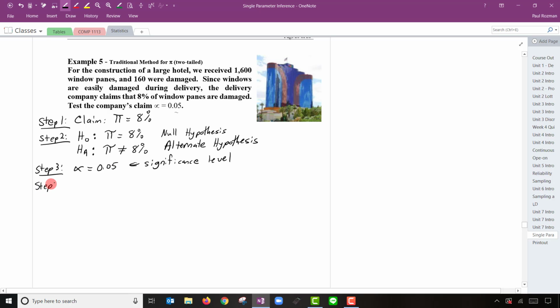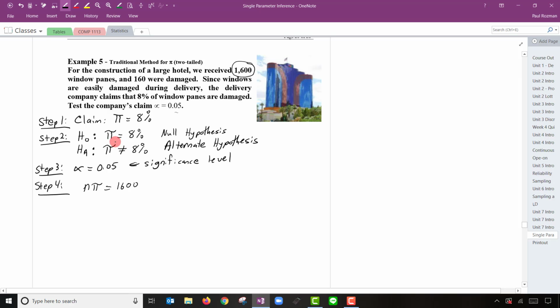Step 4. This is where we check to make sure that we can actually do the problem, that we have enough data. For checking proportions, we check that n times pi is greater than or equal to 5. In this case, we sampled 1,600 windows.